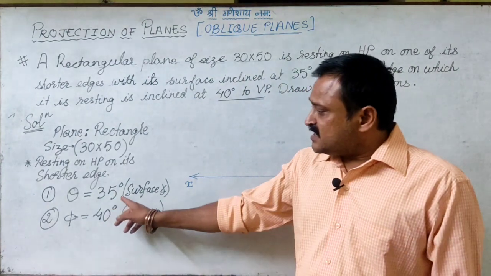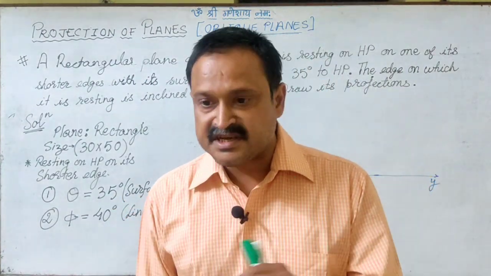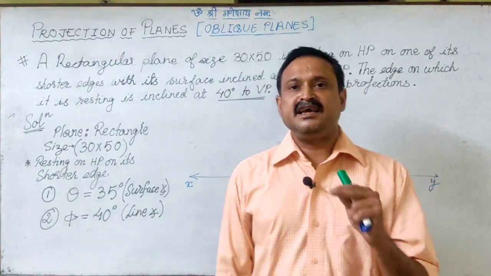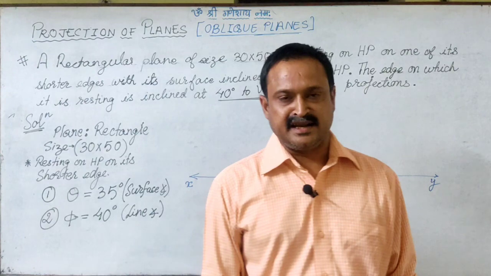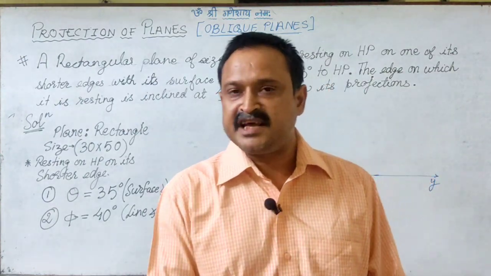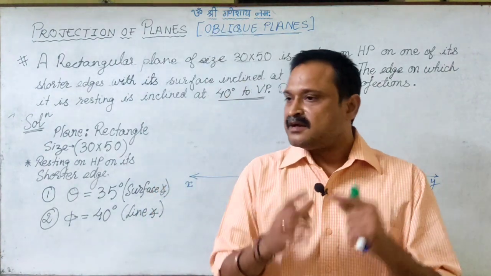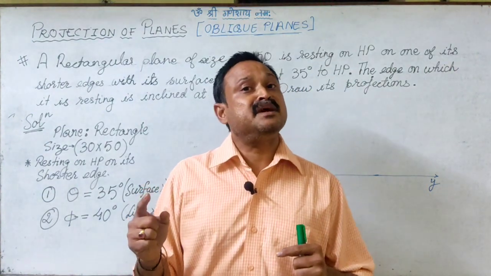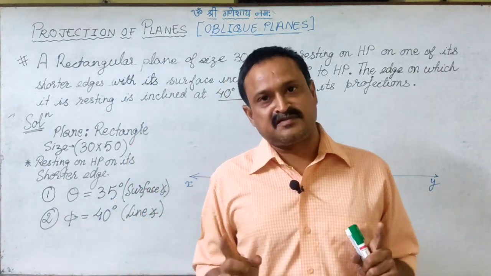Now the first inclination is surface inclination, and we have seen surface inclination is expressed with the help of the trace of the plane, right? What is the trace of a plane? Trace of a plane is the line image of the plane. When can I get the line image of a plane? When it becomes perpendicular to one of the planes.